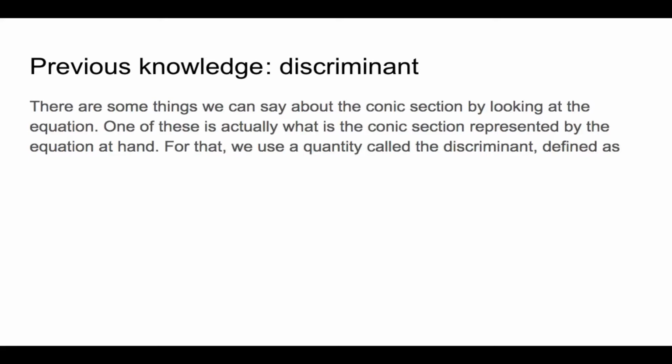Now, why are we doing this? Because there are some things that we can say about conic sections just by looking at the equation. One of these is to tell from the equation what the graph of that conic section is, whether it's a parabola, a circle, an ellipse, or a hyperbola. To do that, we use something called the discriminant.